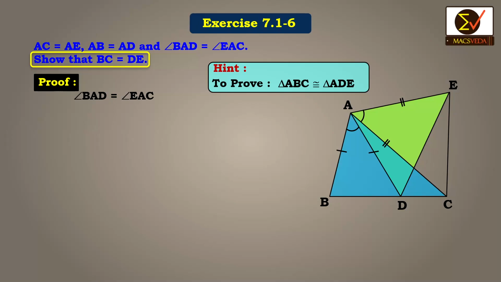If you prove the angle included between the two sides are equal, the two triangles become congruent. So, let us try to prove that the angle included between the equal sides are same. Okay. So, for that, let us consider this given information, that is angle BAD is equal to angle EAC.